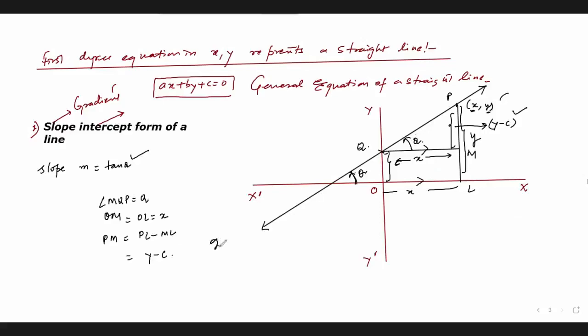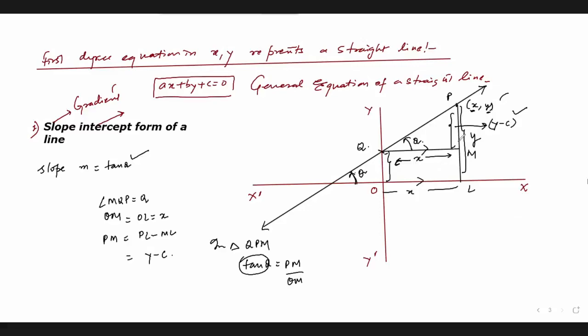So in triangle QPM, if I apply a trigonometric ratio, tan theta is equal to PM divided by QM in the right angle triangle PQM, because tan theta is the ratio of perpendicular distance divided by the base.